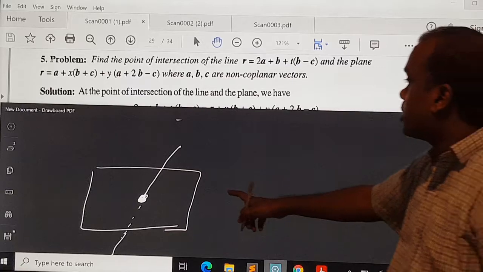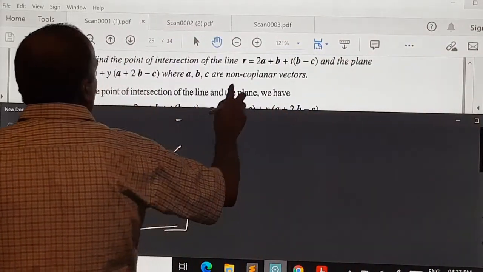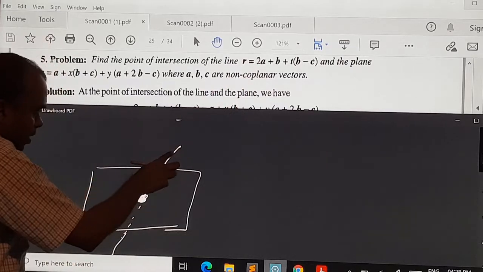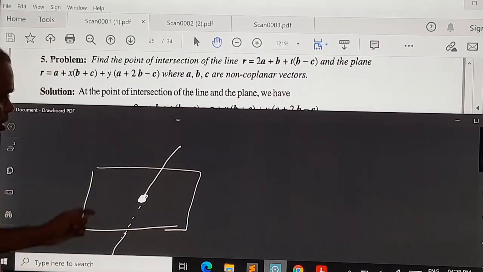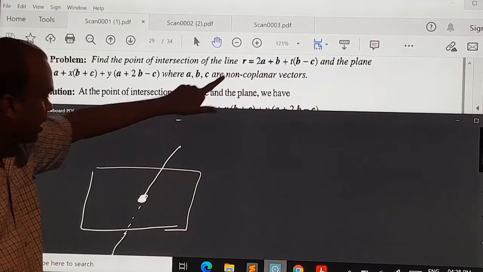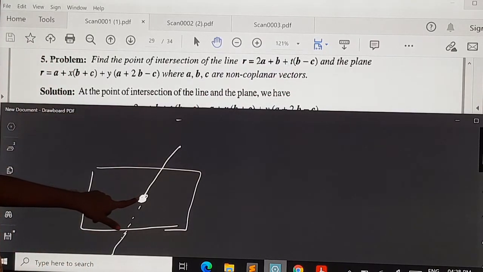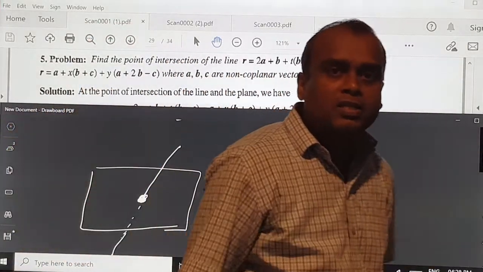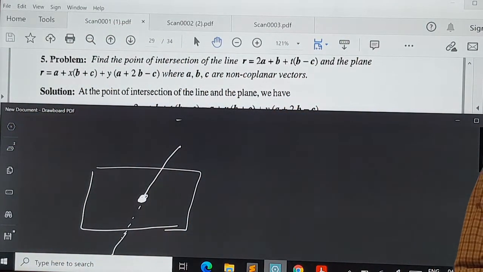I want you to observe that for different values of t, this gives different points on this line. So for some particular value of t, this point r bar becomes this point. For some value of t, let that value be t itself, because I don't know what value of t.